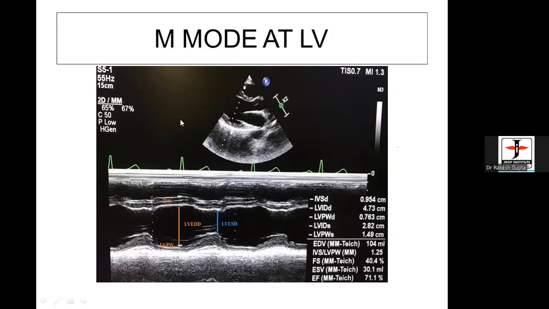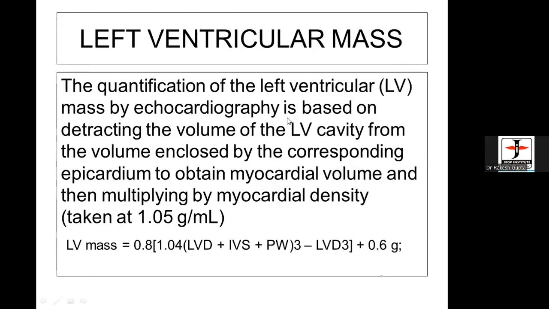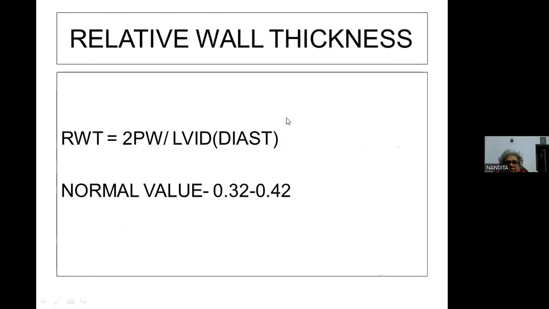Right. But there are several phenotypes of hypertrophic cardiomyopathy. What do you mean by phenotypes? Means the varieties of hypertrophic cardiomyopathies. Now, when we talk of this, we talk of a generalized involvement of septum and posterior wall and other segments. Can we show the next slide, Dr. Nandita? The concentric.